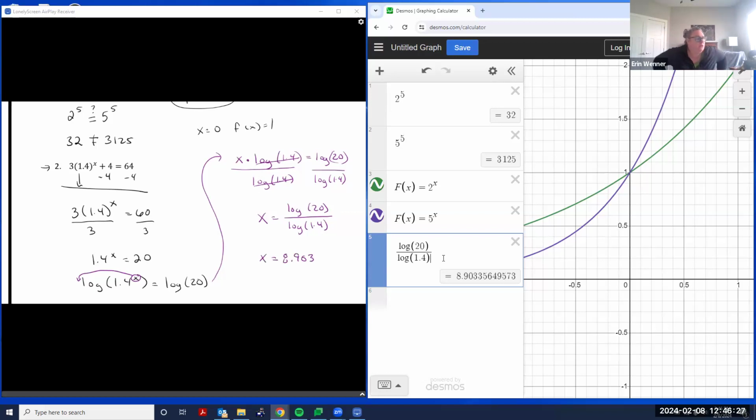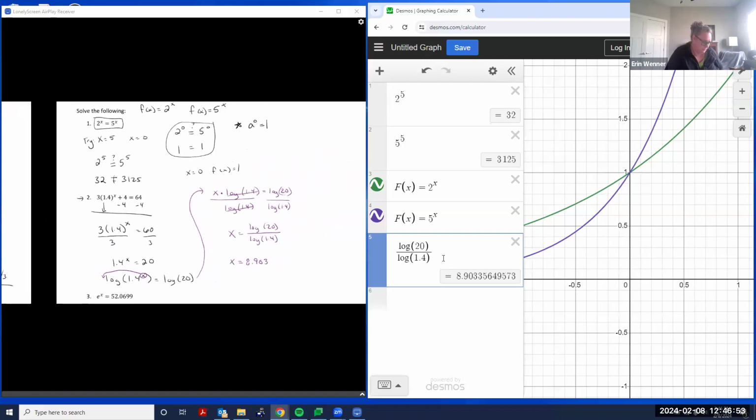So how can I use that graphing step that I used in number 1 to help me check my work? How could I use that graphing technique to check my work for number 2? Here, I'll zoom out so you can see what we wrote up above.